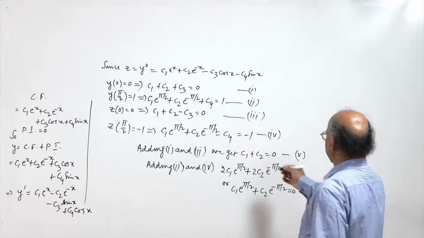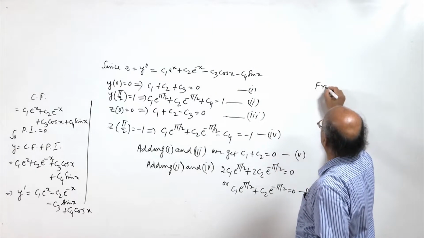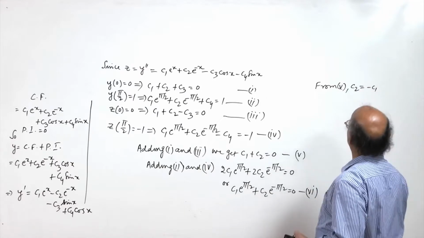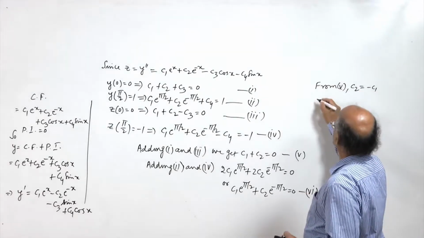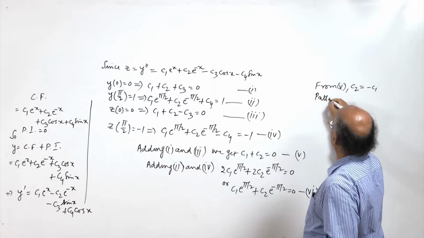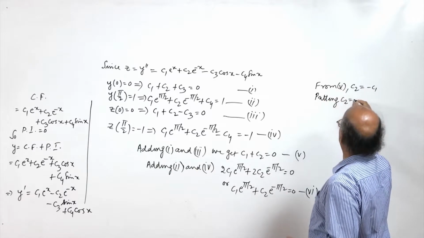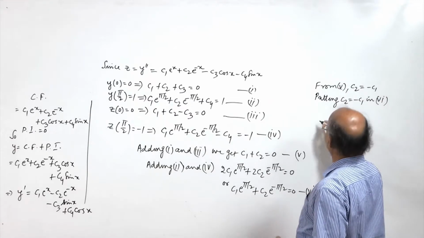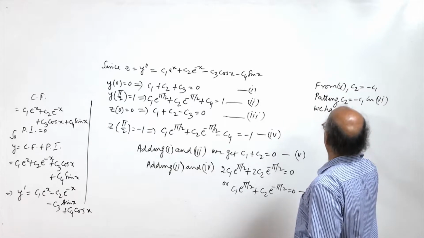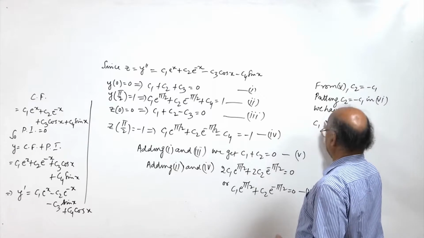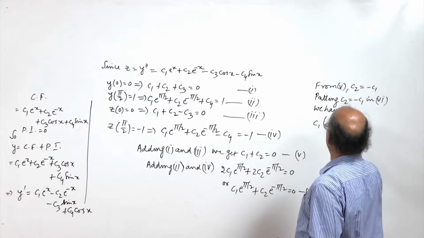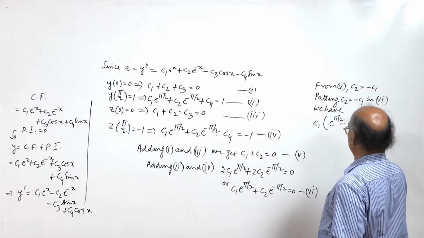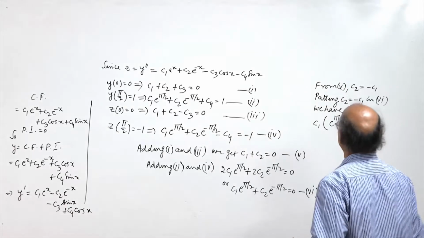So from 5 we get c2 equal to minus c1. Let us put this value in 6. So putting, we have c1 times e to the power pi by 2 minus e to the power minus pi by 2 equal to 0.